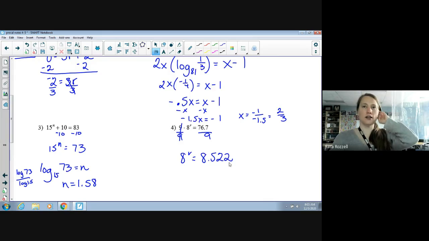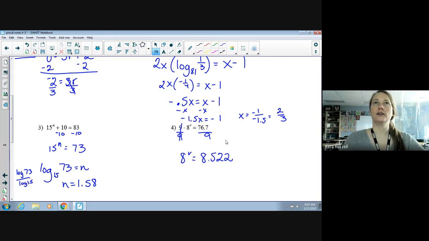So if you're doing this on the ACT, or if you're even doing it on this homework and you get to here, you're like, oh, well, it's going to have to be 1 point something. I'm not even going to mess with it in the calculator, if it's a multiple choice, just to save you some time. But we'll write it as a log to get our exact answer. Log base 8 of 8.522.